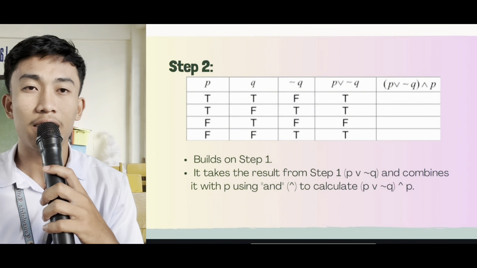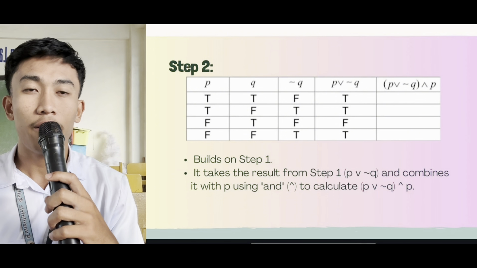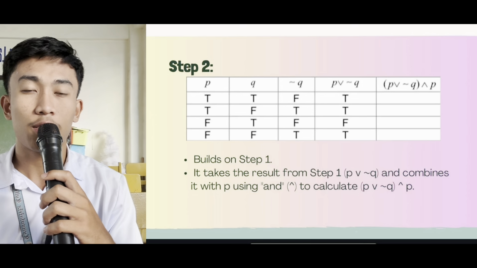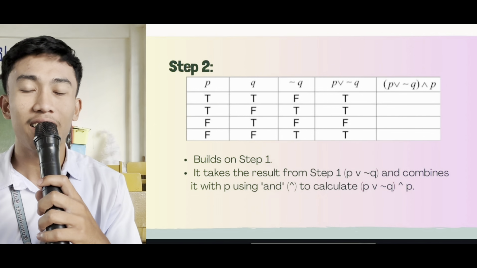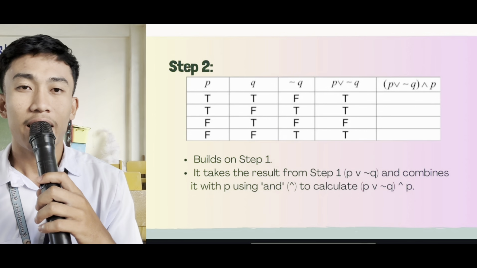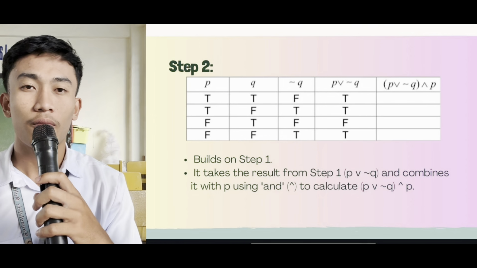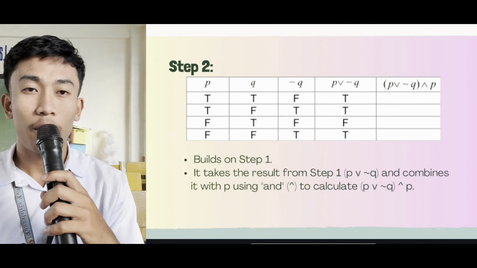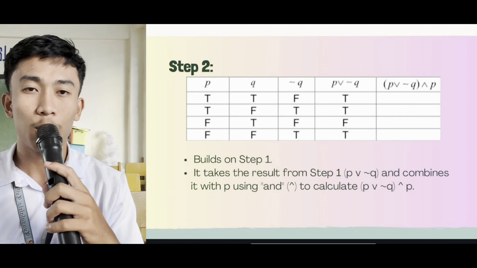To understand this, remember the OR operator is true if at least one part is true. The not operator reverses the truth value of Q. The AND operator's value is only true if both sides are true.